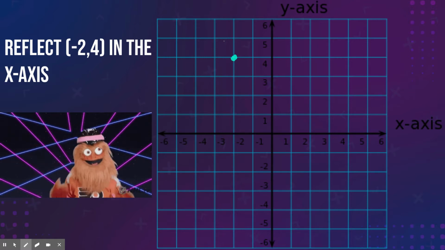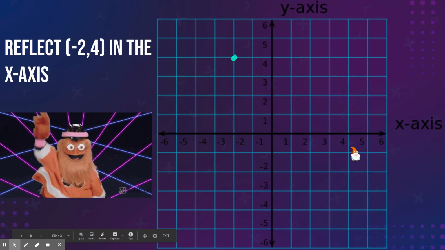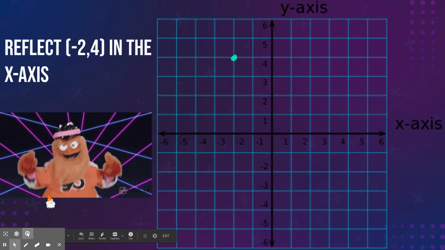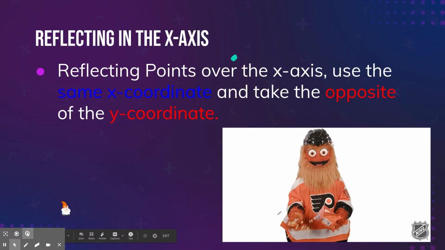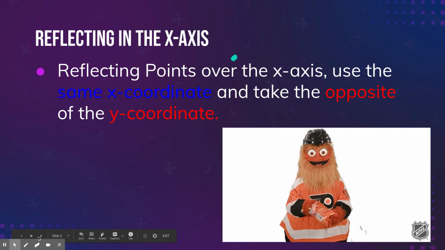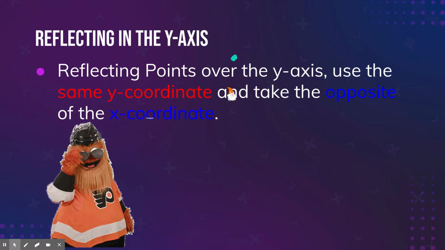So going back to my notes, it says use the same x and the opposite y. So the same x, which means I'm going to stay right on this -2.